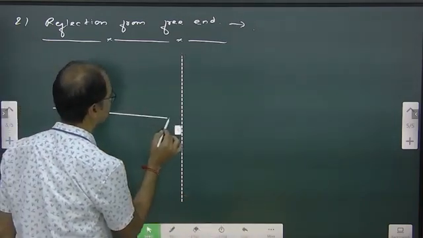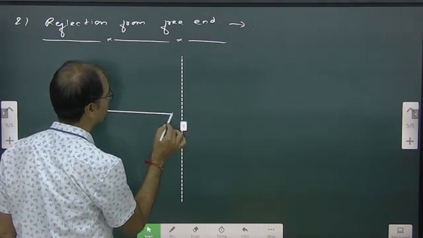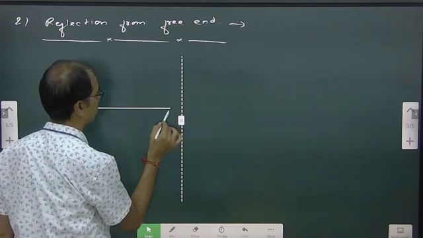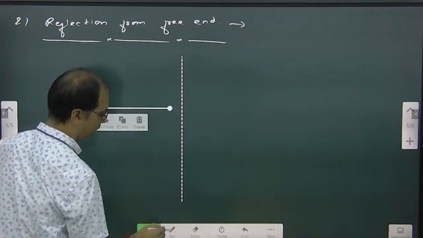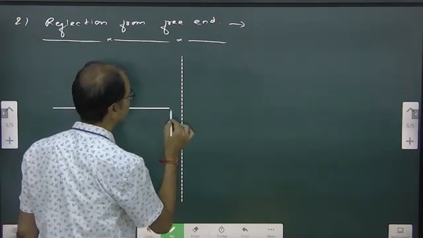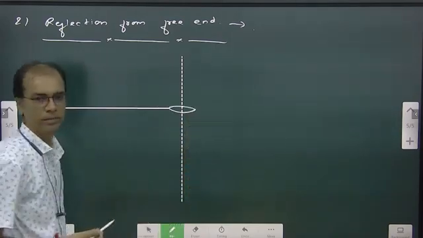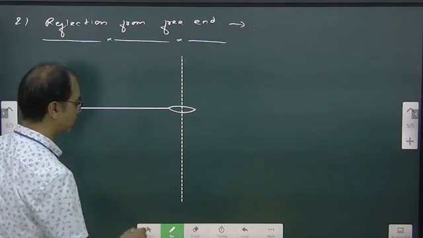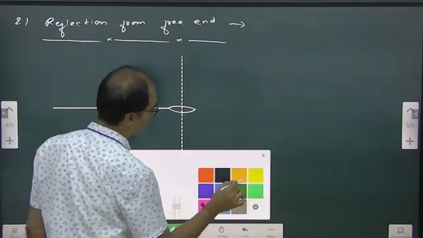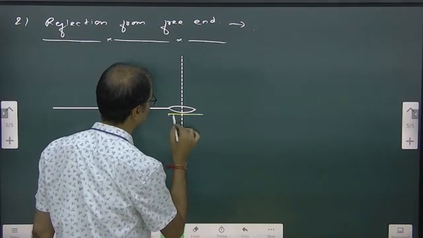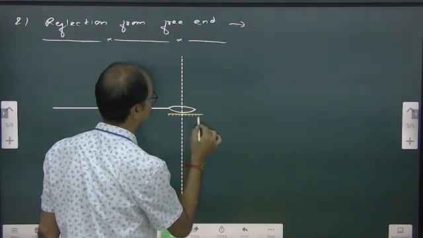String is here. And since it's free end, we'll make it like this. It's connected with a ring, which can move up and down, right? But downward motion we are going to block. It should not move down. Only upwards.